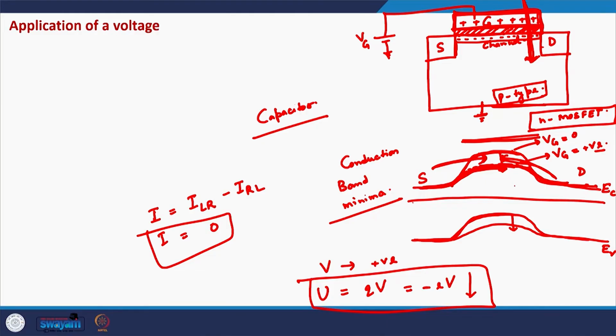So if we apply a positive voltage in NMOS, this barrier is reduced, and if we apply a negative voltage, this barrier height will increase. This can be understood by using the same arguments, because a negative voltage means that the potential energy of the electrons will increase. So the potential energy of electrons in the channel region will increase, the barrier will increase, and the probability of electrons crossing from source to the other side will reduce.